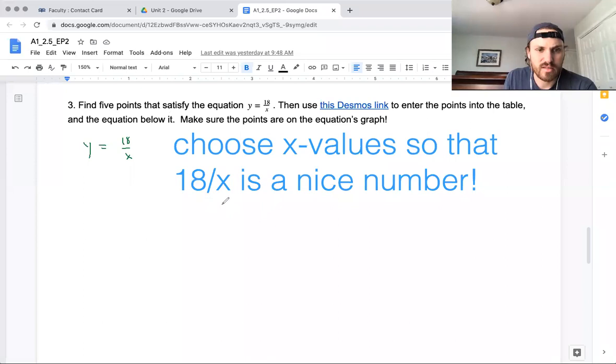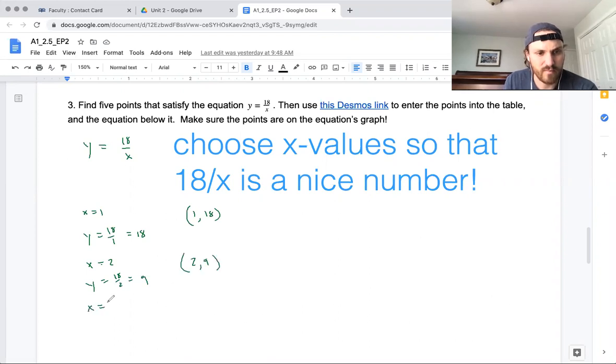So for instance, I could choose x equals 1. If x equals 1, then y equals 18 over 1, which is 18. So one point would be 1 comma 18. If x is 2, then y would be 18 over 2, which is 9. So another point would be 2 comma 9.